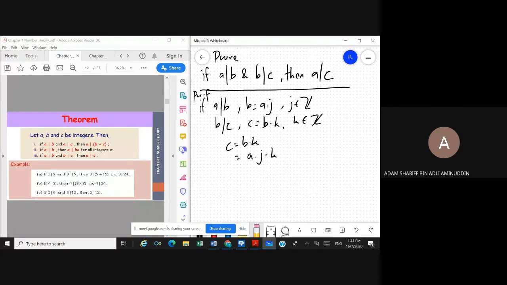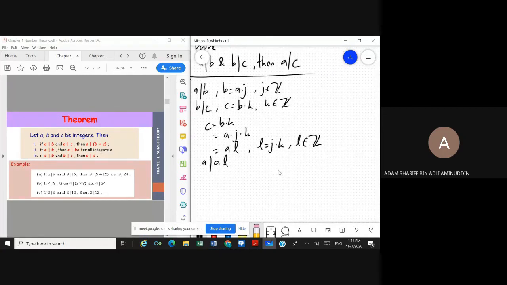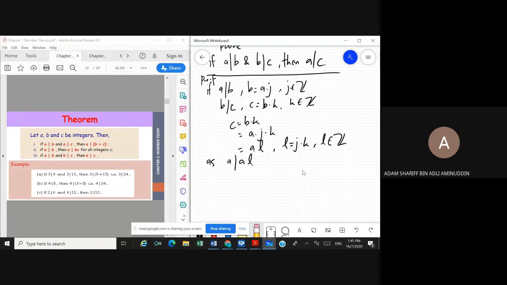As J is an integer and K is also an integer, the product of integers J and K will be another integer. Let's say L. This L is also an integer. As A is a factor of AL, and my conclusion, what is AL?